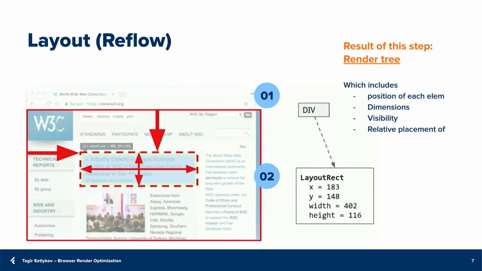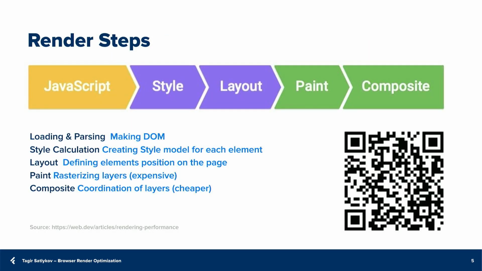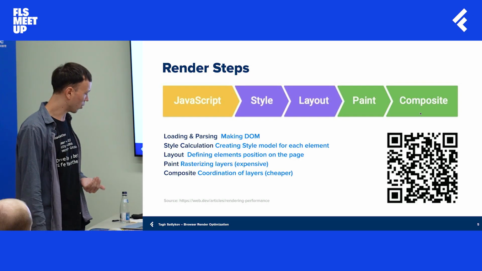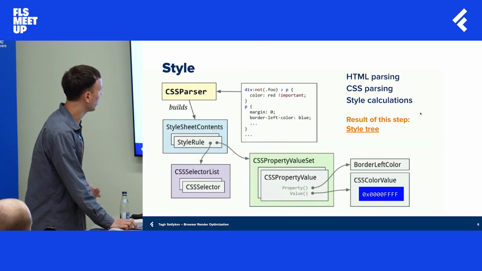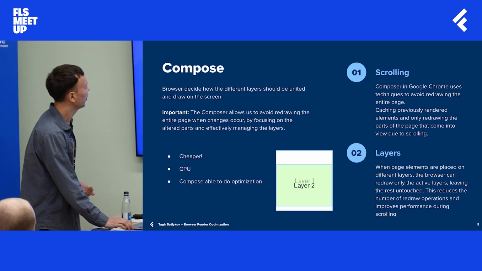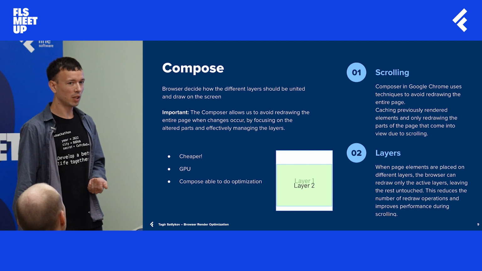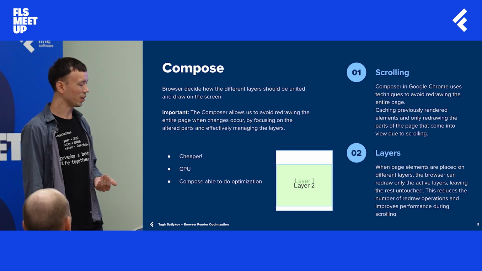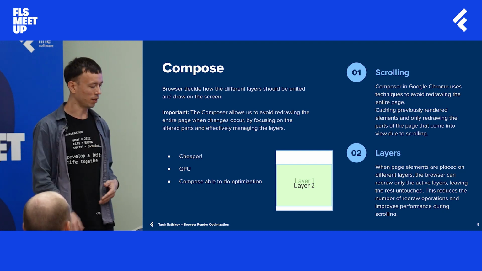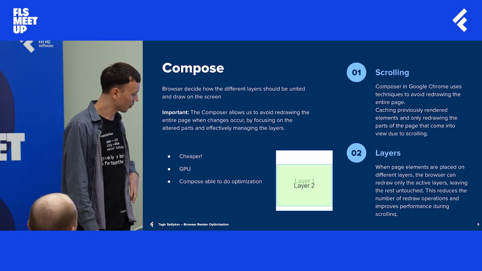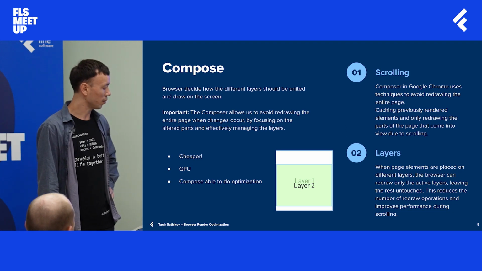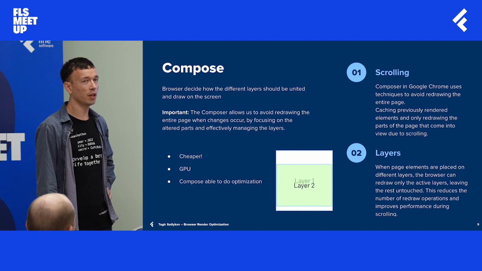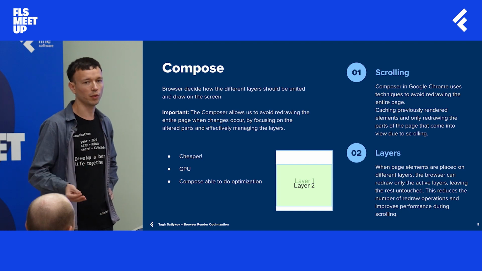Okay, so after that, we have the layers bitmap, and they go to the last step, to the compose or composer. In the compose section, the browser will work with layers. You can imagine a cartoon movie, for example.